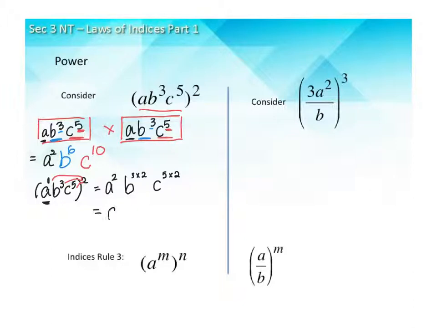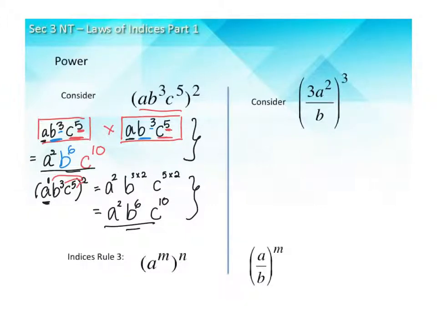Therefore, I will have a to the power of 2, b to the power of 6, c to the power of 10. So doing the question by both the method over here and using the power rule, we can get the same answer.